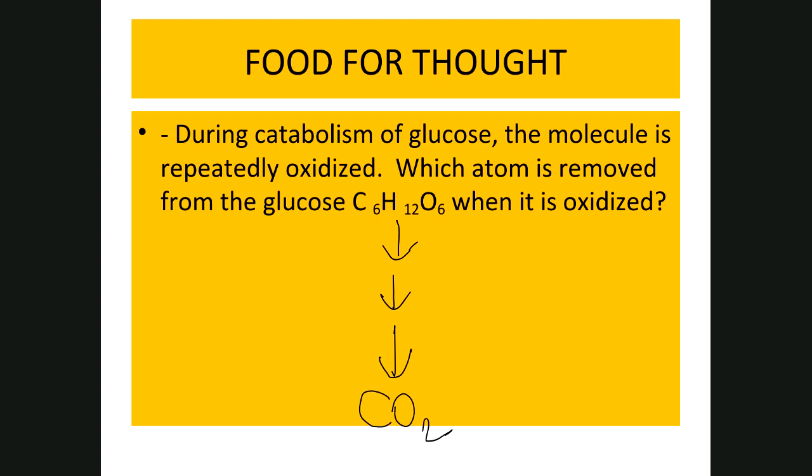What do we have to remove out of the glucose molecule to create CO2? Maybe, maybe not. We're going to end up with 6 CO2s though, but anyway. All right. So we have to remove the hydrogen atoms.